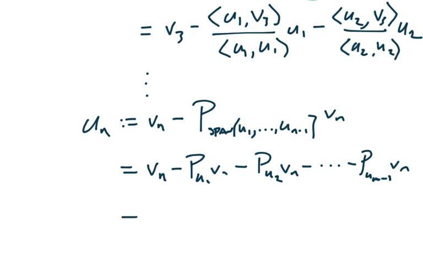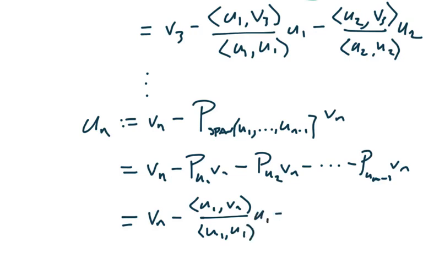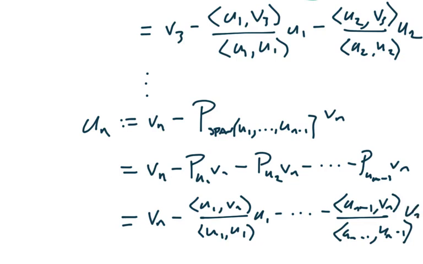And again, if you like the explicit formula version, this is U1 inner product Vn over U1 inner product U1 in the direction of U1 minus all the way up to Un minus 1 inner product Vn over Un minus 1 inner product Un minus 1 in the direction of Un minus 1.